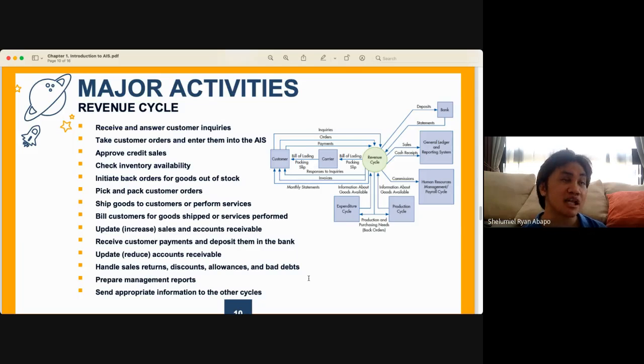Meron silang mga certain controls, like for example, walang nag-in and out sa warehouse. They basically open the warehouse and close it for a period of time. The packers are inside the warehouse, and they pick the items from the shelves, and then they pack them and group them together for the customer order.